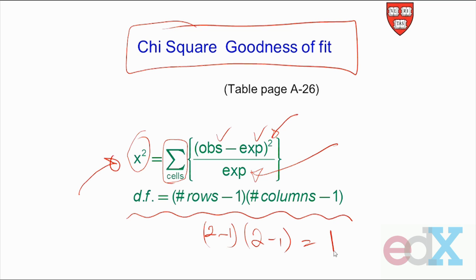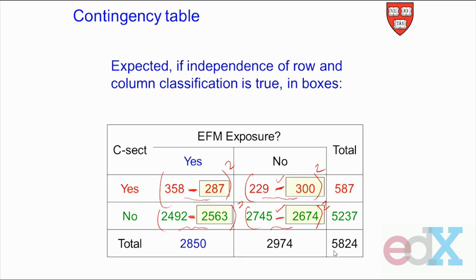And the reason for that is because once you fix one of these numbers, then you can get this one here by subtraction, because they have to sum up to 2850, and then once you've got those two, then you can get this one by subtraction, because it has to sum up to there. So you've only got 1 degree of freedom is what it boils down to, but you don't have to understand that.